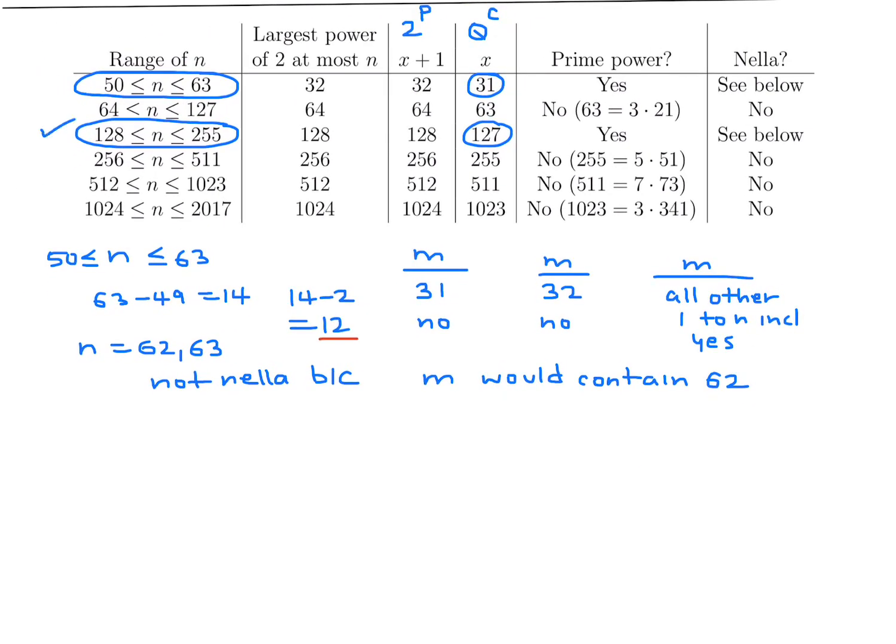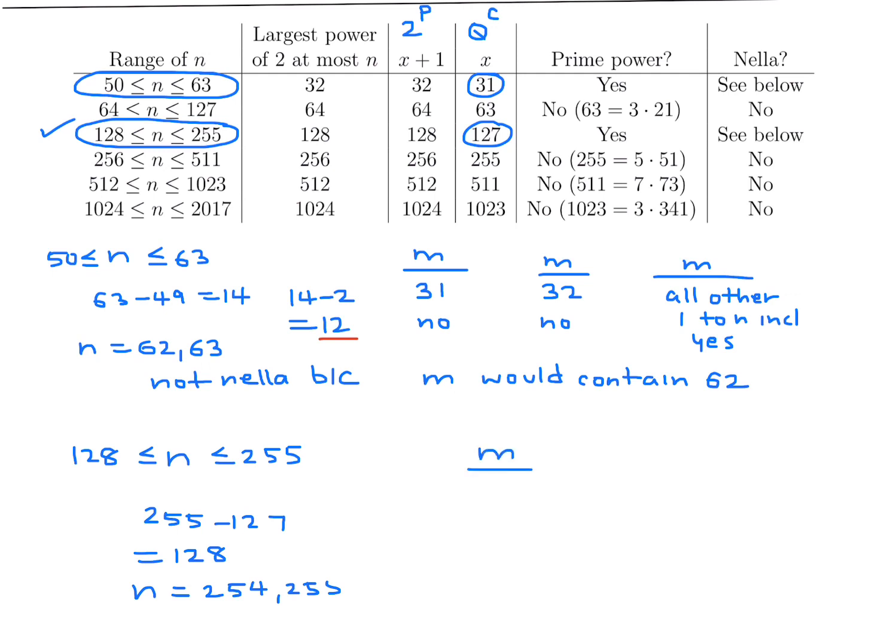Now we get to our final scenario, which is this guy, which is n is between 128 and 255. Well, how many numbers are there? 255 minus 127, and that's 128. Okay, now are all of these valid? And the answer is no, because when n is equal to 254 or 255, that's going to be a problem, because our m cannot be divisible by x, which in this case is 127, right here, and our m cannot be divisible by 128, right there.